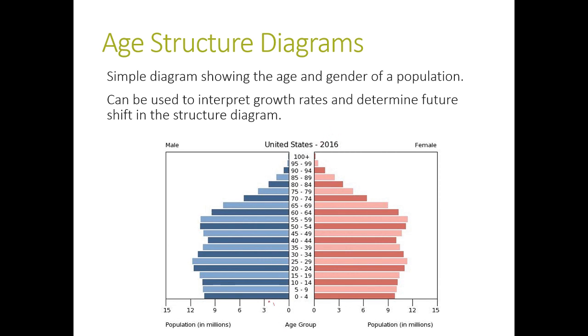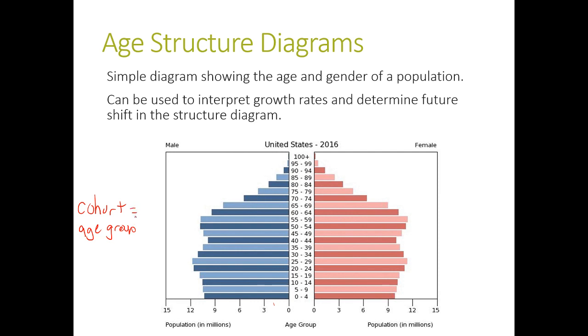Each of these 5-year periods, so 0 to 4, 5 to 9, and so on, are called cohorts. If you recall from our vocabulary, these are cohorts. So I'll even write that down: a cohort is an age group.